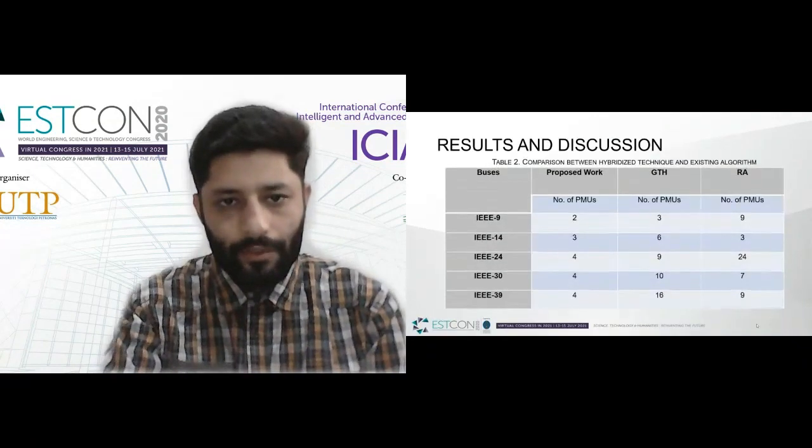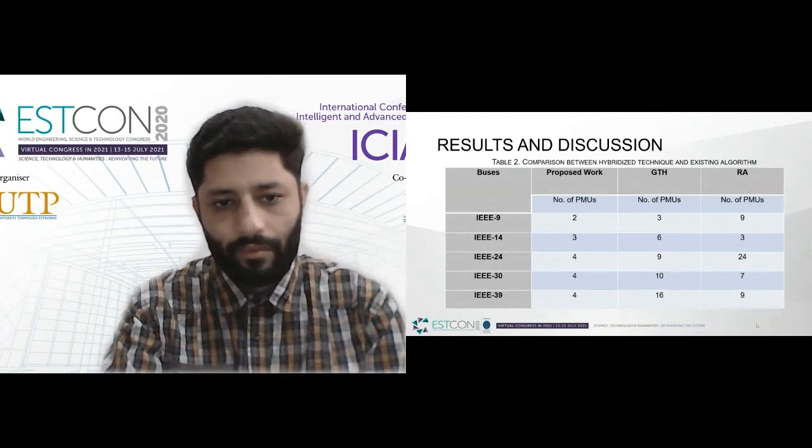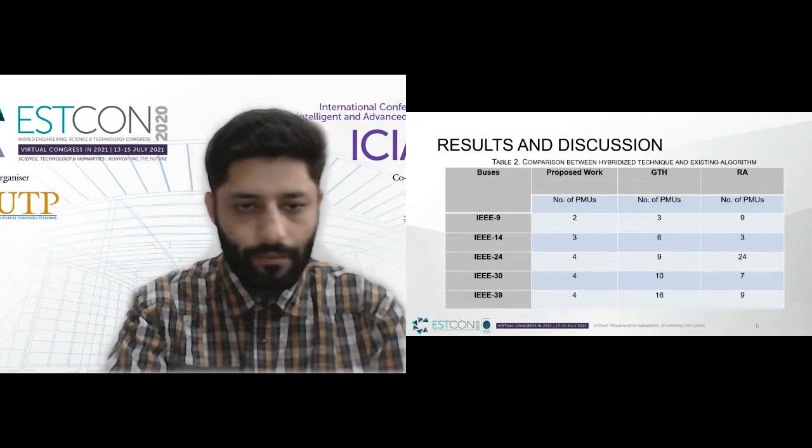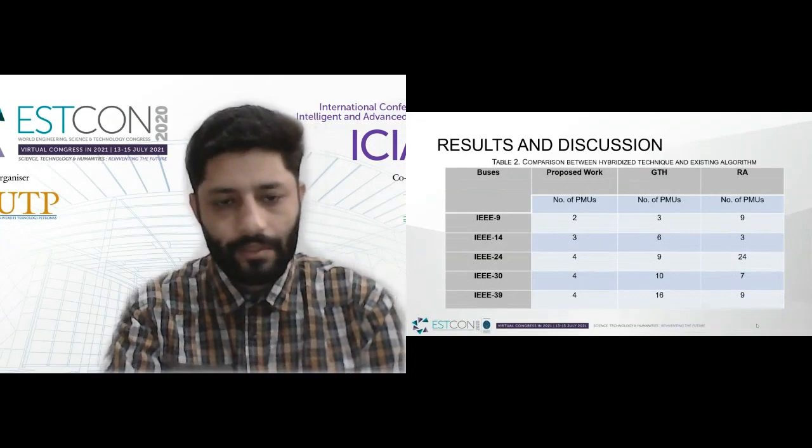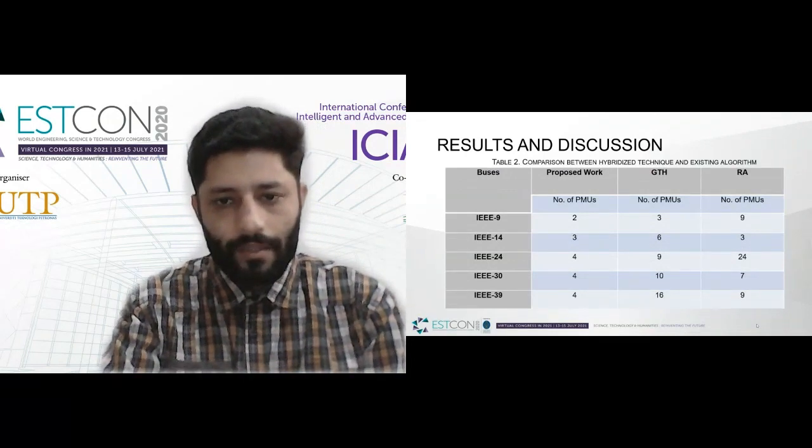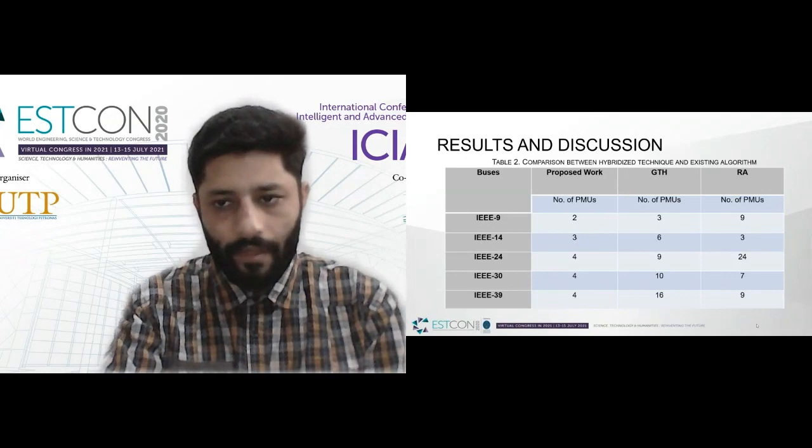The second table shows the comparison result of the hybridized technique with the existing algorithms. We again have 4 columns. The first column shows the IEEE bus networks ranging from IEEE 9 to IEEE 39. And the proposed work results are compared with the graph technique and the recursive algorithm.